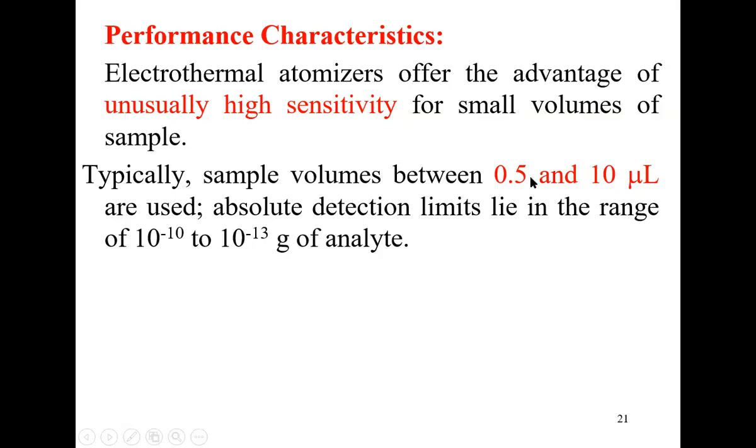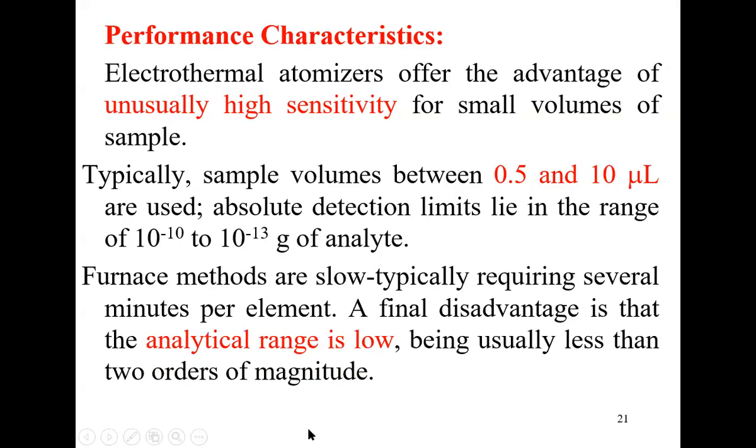So that is an advantage of graphite AA. Apart from the setup that takes time, you don't go through the tedious solution preparations. You can use solids, you can use liquids in a graphite furnace atomization. All you have to do is place your sample at the spot, which is going to be evaporated, and then it interacts with the radiation.